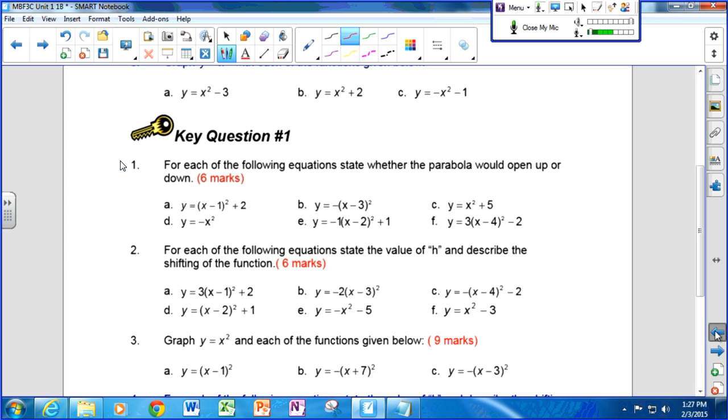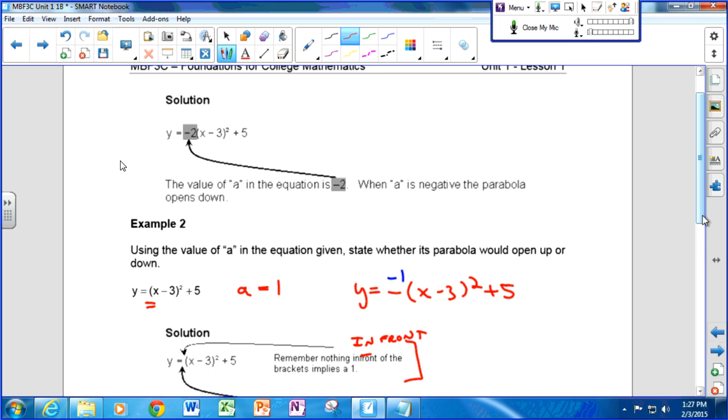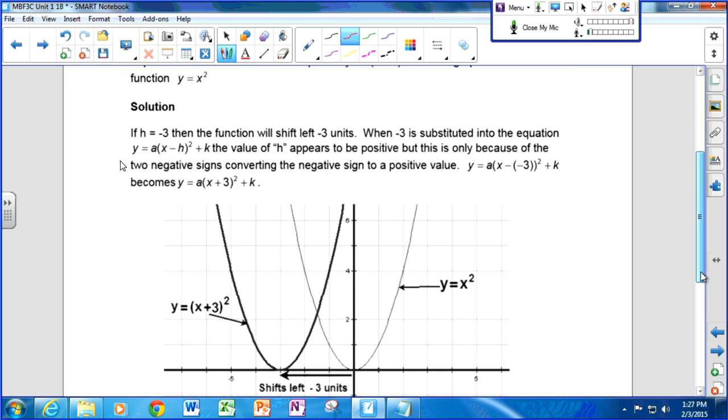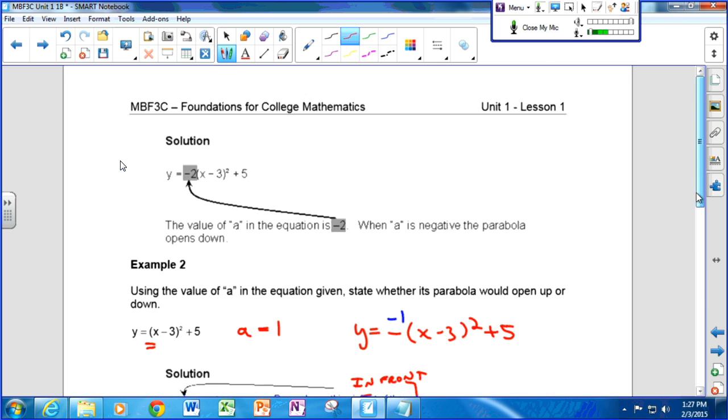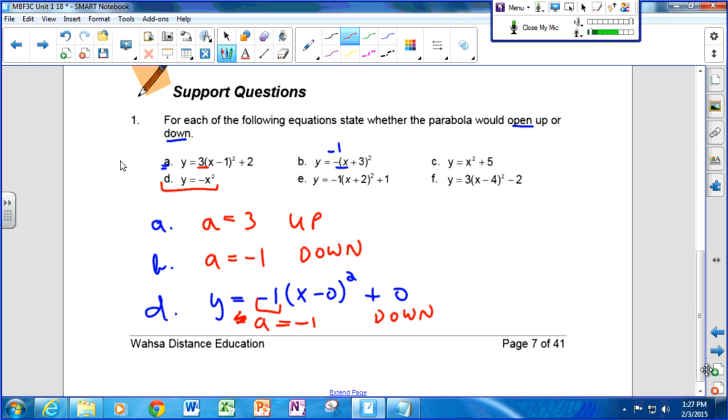So that's how this is all going to work. You'll have your support questions in the unit, and you'll have a couple of examples. You'll do a few of those, maybe all of them if you're having some problems, maybe fewer of them. It's up to you. And check the answers at the back of the unit.